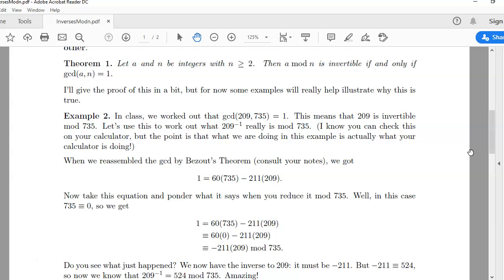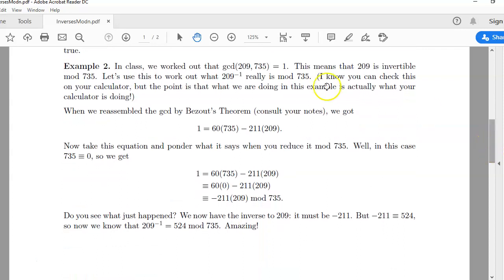When we did this example in class, we also reassembled it, right? Since their GCD is 1, then 1 can be reassembled as a multiplier of 209 added or subtracted to a multiplier of 735. And here's what we got: 1 is 60 times 735 minus 211 times 209, right? And there are my two ingredients, 735 and 209.